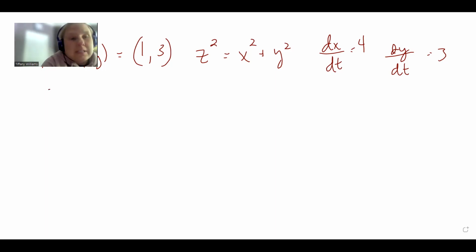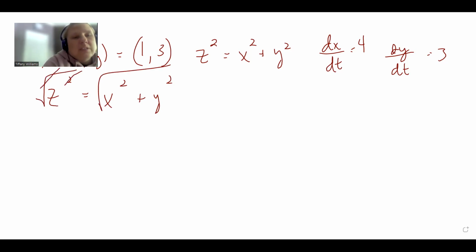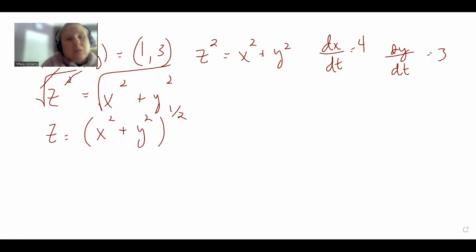I'm going to take my z squared and solve it for z so that I have just a dz dt. That's what I'm after here. So I'm going to take the square root before I take the derivative. So I get z equals the square root of x squared plus y squared, which remember I can write as x squared plus y squared raised to the 1/2, which means I'm going to use the chain rule here in a moment.